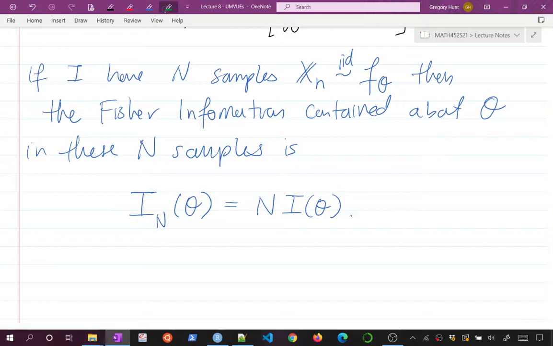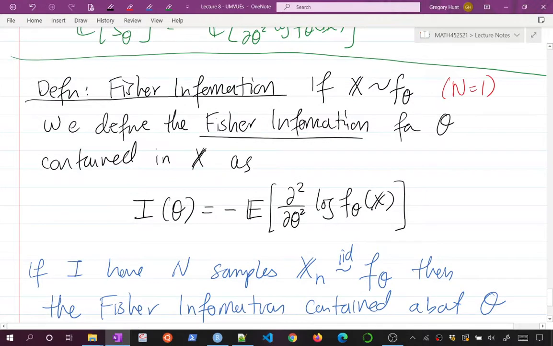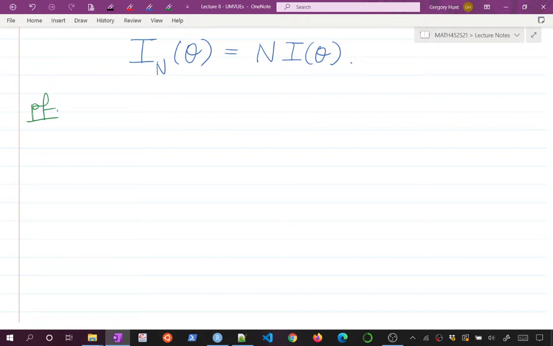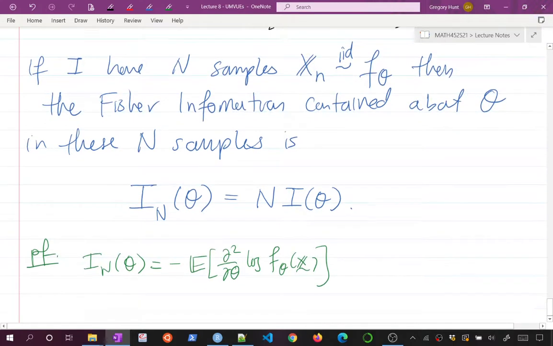We can actually prove this fact. I claimed that if I have independent samples, their information just adds. People probably will believe that, but you can actually prove it, and it's not so bad, right? If I_n of theta is, we could define it in a similar way, but instead of just f of one x, now we have a bunch of x's, right?